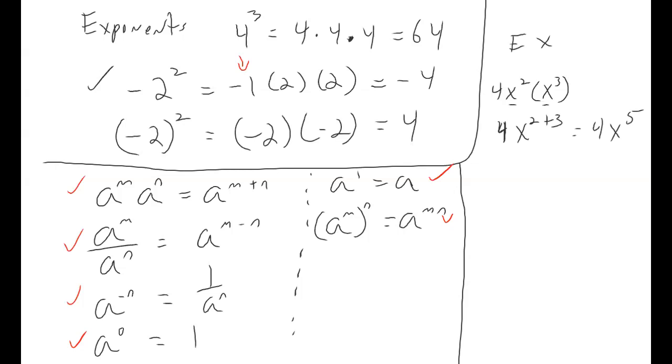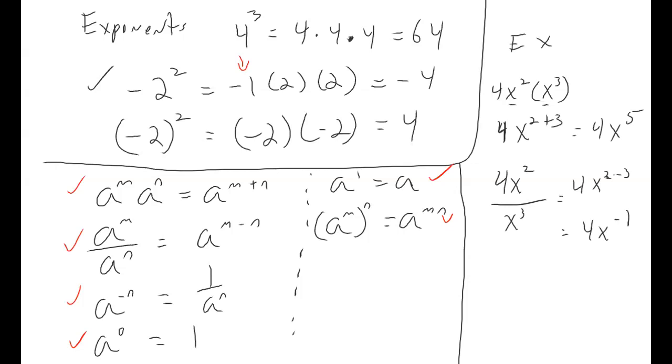If I have 4x squared all over x cubed, then the 4 still stays, and then I have the same base, so I subtract them, which then gives me 4x to the -1, because 2 minus 3 is -1.